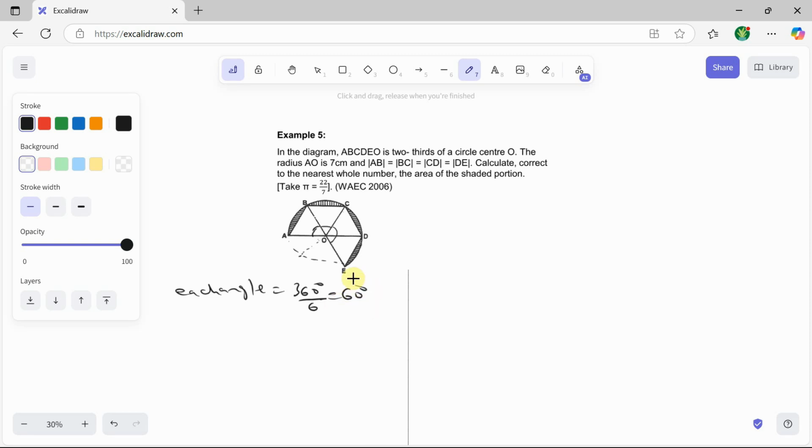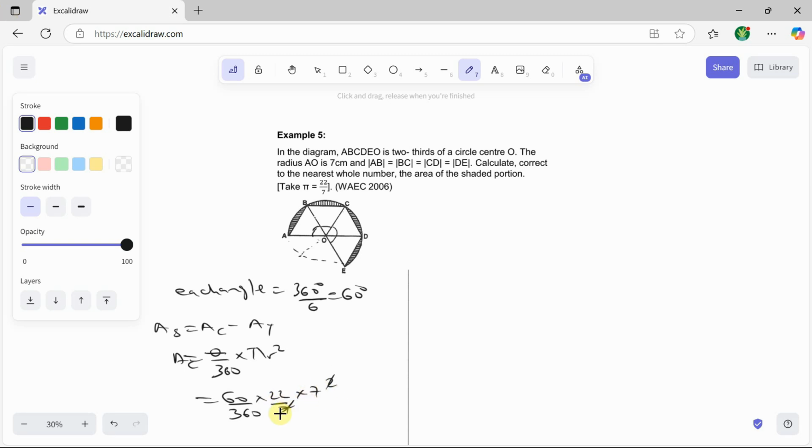Great. So we know that the area of the segment is the area of the sector minus the area of the triangle, right? The area of the sector here is theta over 360 times pi r squared. Let me just take it one by one. So this would be 60 over 360 times 22 over 7 times 7 squared.